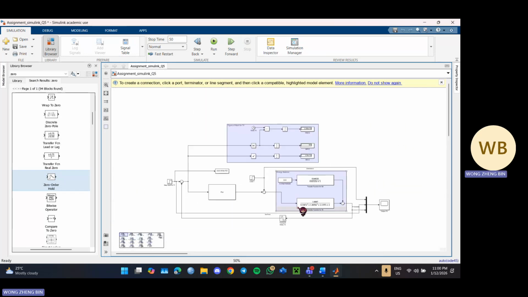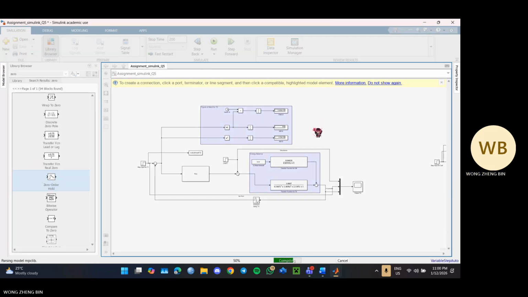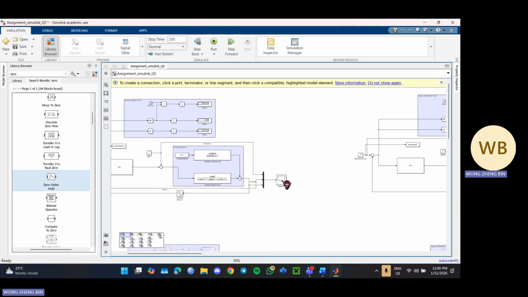So for the Ziegler-Nichols method, we increase our stop time to 200 and let we run the system. Okay, so this is the temperature control.